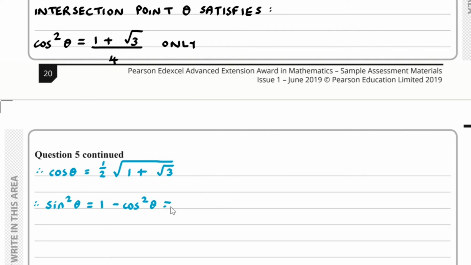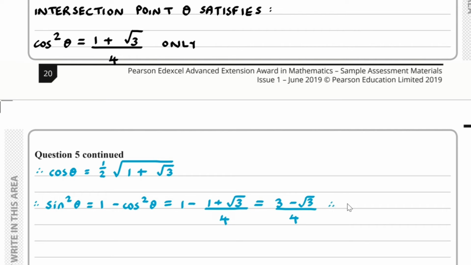So I've got 1 minus 1 plus root 3 over 4, which is equal to 3 minus root 3 over 4.